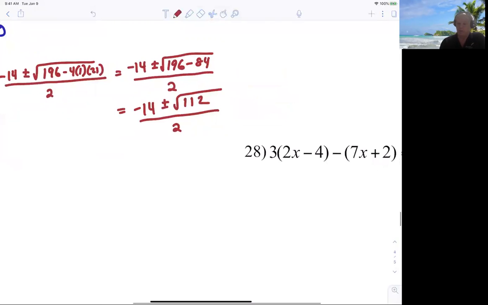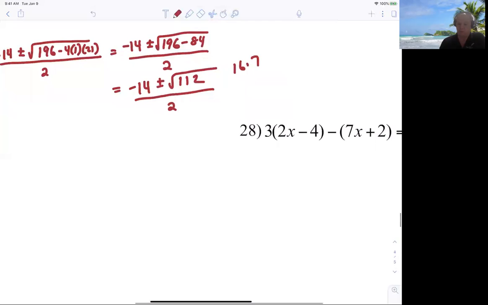All right, now what I need you to do is remember that 112 is 16 times 7. Sorry about that, I just remembered. Why? Because I want 16 to break down. So negative 14 plus or minus the square root of 16 times 7, over 2.